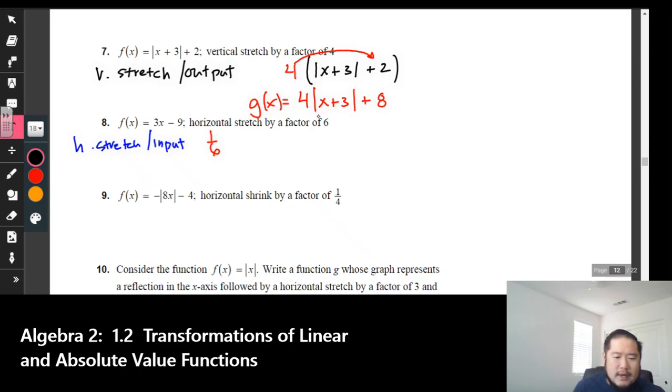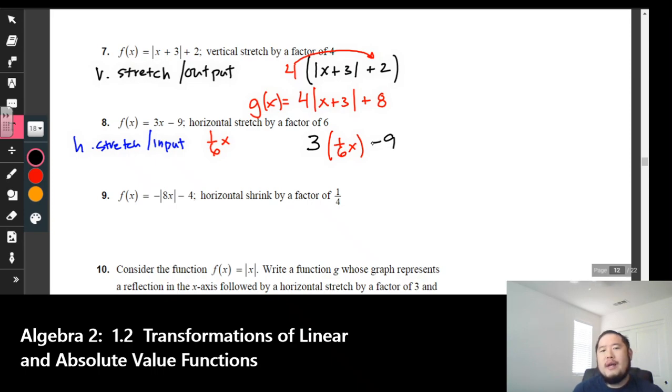Now, because right here horizontal stretch and shrink happens to impact the input, let's go ahead and I'll put 1/6 x right here. So because it affects the input, I'm going to go ahead in our function, I'll change this to 3, and then we'll multiply that by 1/6 x, and then we'll have -9.